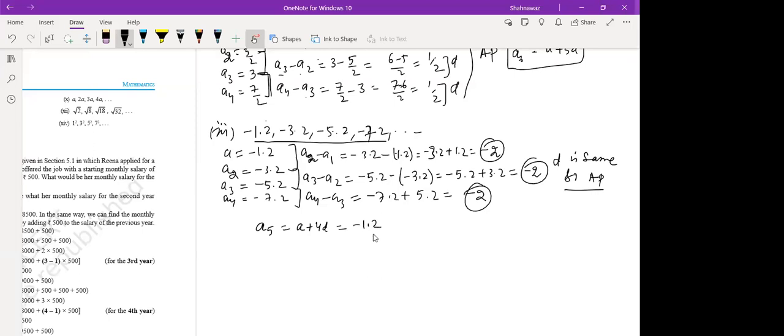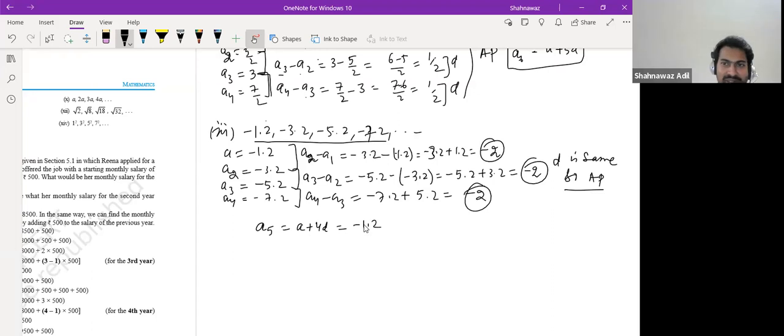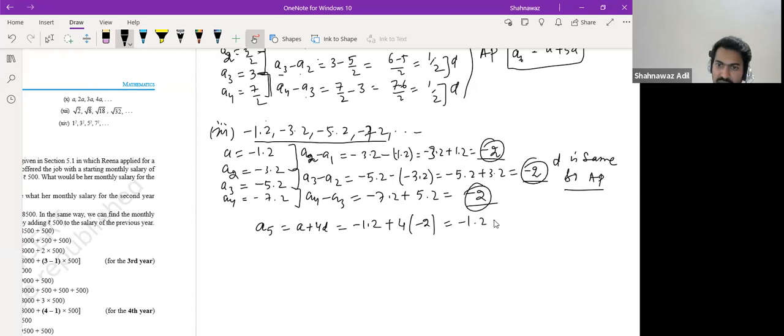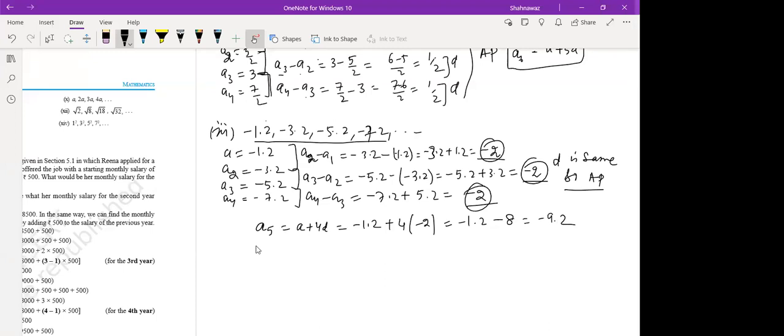Minus 1.2. Your answer does not seem confident, so be confident in your answer. And plus 4D, how much did we calculate D? 12 minus 2, so this would be minus 1.2 minus 8, which is minus 9 point something. So you guys calculate the sixth and the seventh term.